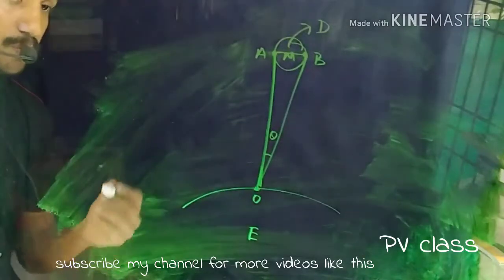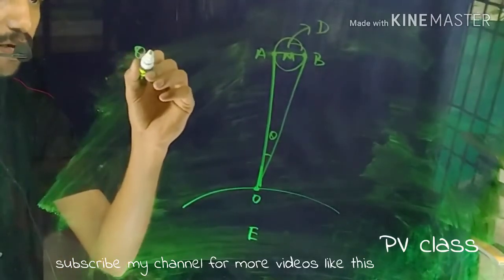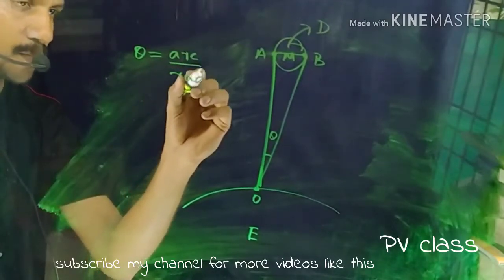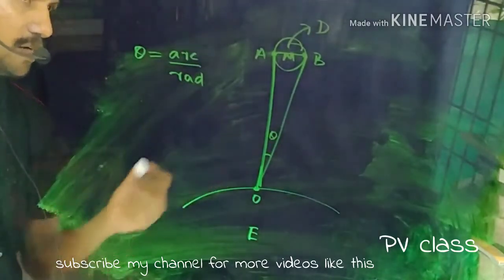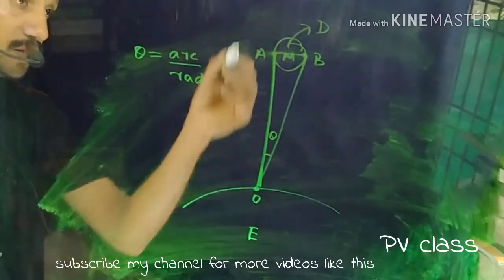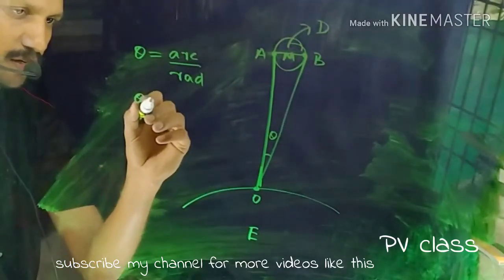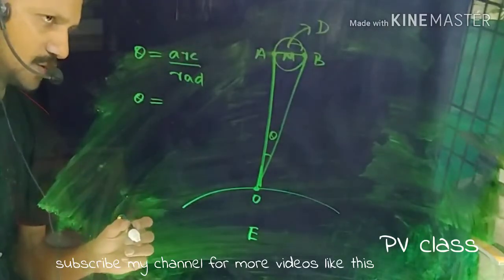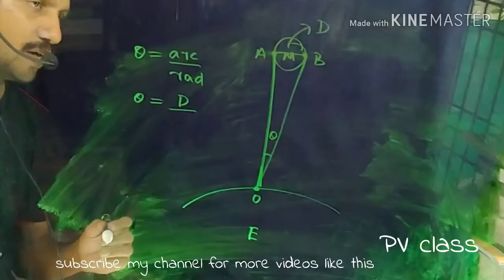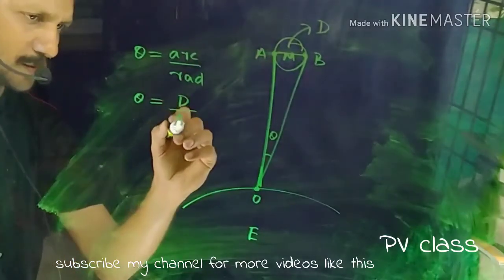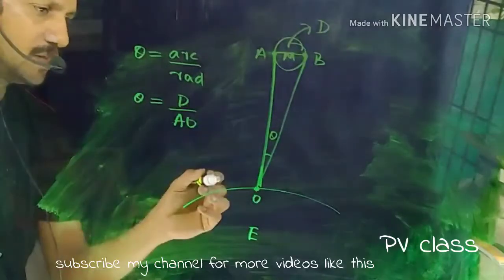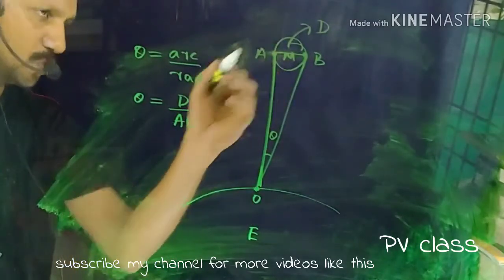In this case also, we'll use our basic concept, that angle is equal to arc divided by radius. Using it in this context, we could write angle is equal to arc length, which is the diameter, divided by radius AO. And AO is the distance from Earth to Moon.